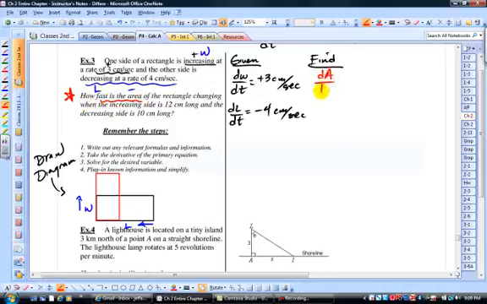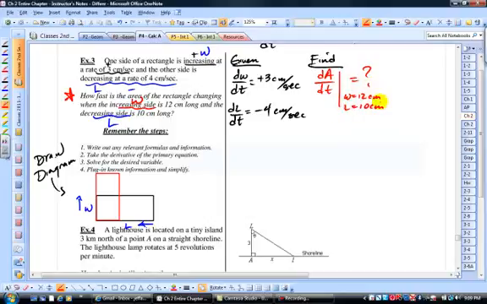That's the change in area over time, call it dA dt, when the increasing side, W, is 12 centimeters and the decreasing side, L, is 10 centimeters long. So the way we write that in calculus notation is dA dt, evaluated when the width is exactly 12 centimeters long and the length is exactly 10 centimeters long. What is that value?